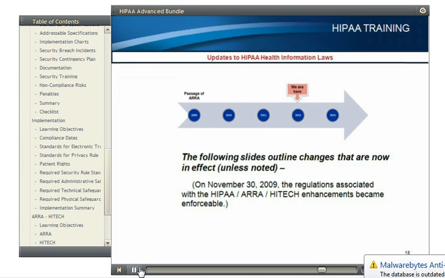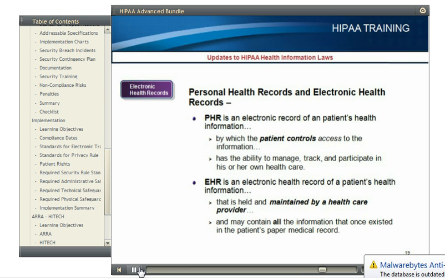On November 30th, 2009, the regulations associated with the HIPAA-era high-tech enhancements became enforceable. Personal health records and electronic health records.